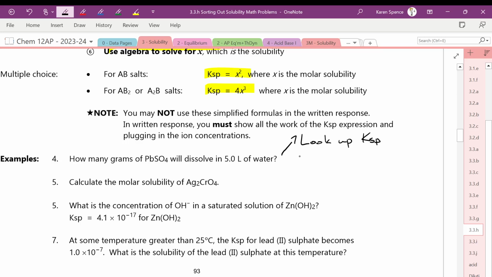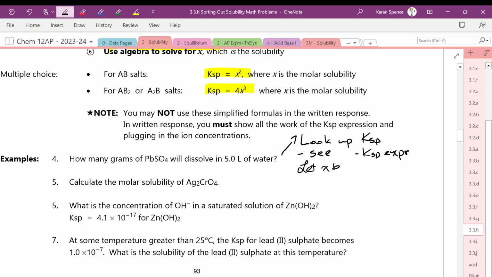You would write the C. You'd write the KSP expression. You would use the let statement.